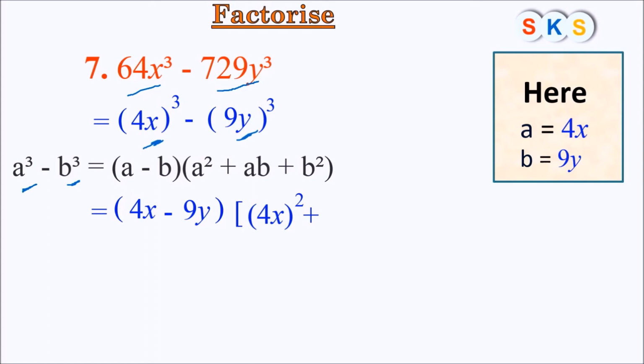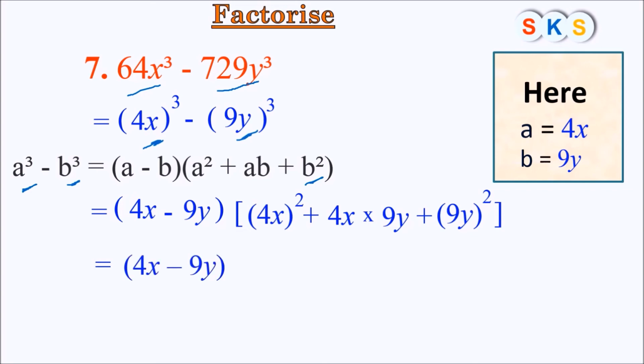That is 4x into 9y, plus the last term we have, b square, and at the place of b we will write 9y, so we will get here 9y the whole square. Close the bracket. Now we will simplify further. The first bracket cannot be simplified further, so we will write it as it is: 4x minus 9y.